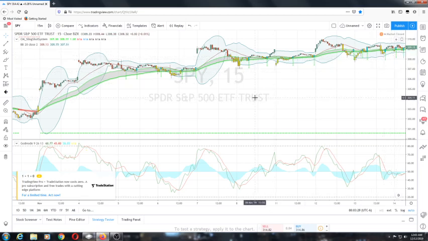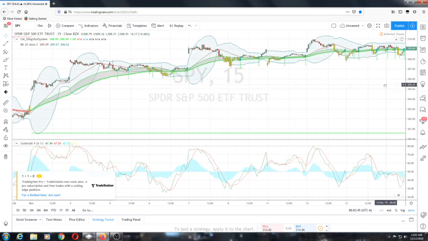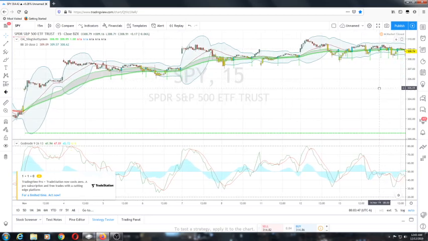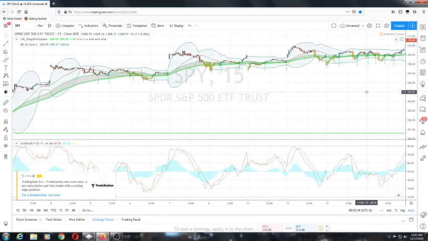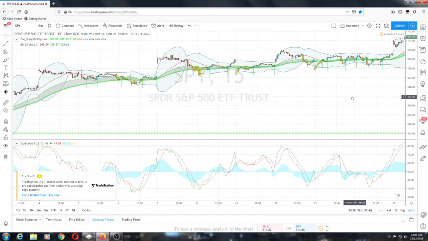Now remember, continuation would be no color candles or yellow with blue. But if you have a reversal coming in, it's just going to be straight up yellow candles with the narrowing. So right here, since there's blue with the yellow, that means continuation. There's blue, continuation. Alright, there it goes.